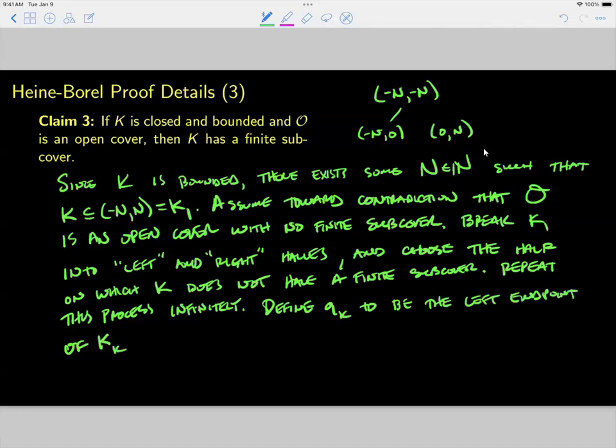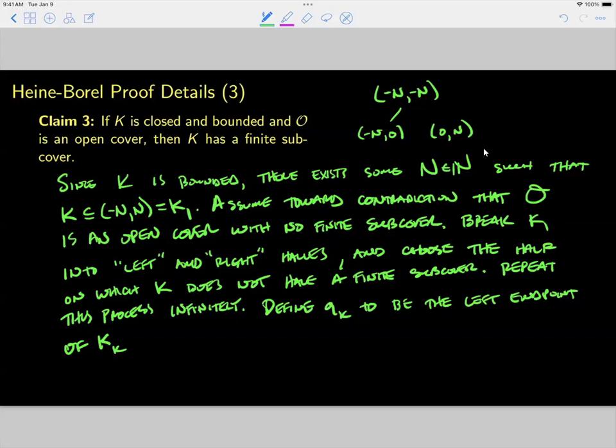So you start with K1, you split it in half. You look at the half that has no finite subcover, that's K2. Then you take K2, you break it in half, and look at the half of that one that has no finite subcover, call that K3. Keep going. So you're getting all these intervals, and what you want to do is keep track of the left endpoints and the right endpoints.